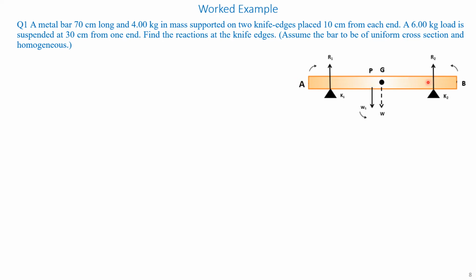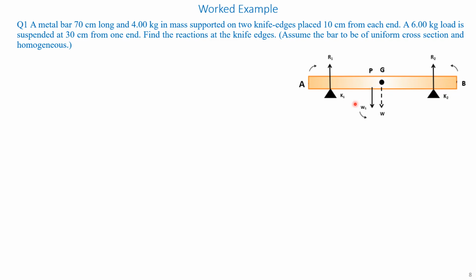The center of gravity of the rod is at G, at the center of the length AB, that is the whole length is 70 centimeters. G is the midpoint, so AG is 35 centimeters and BG is also 35 centimeters. And the given load of 6 kg is suspended at point P.